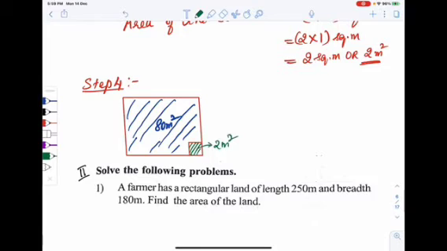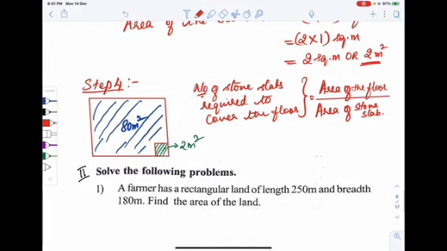So we need to find out how many slabs of 2 meters square need to be laid onto the floor to cover the whole floor. Okay. Now for this, what we need to find out is the number of stone slabs required to cover the floor.